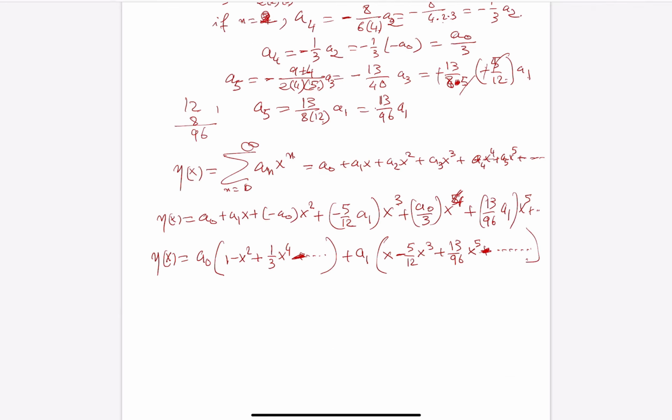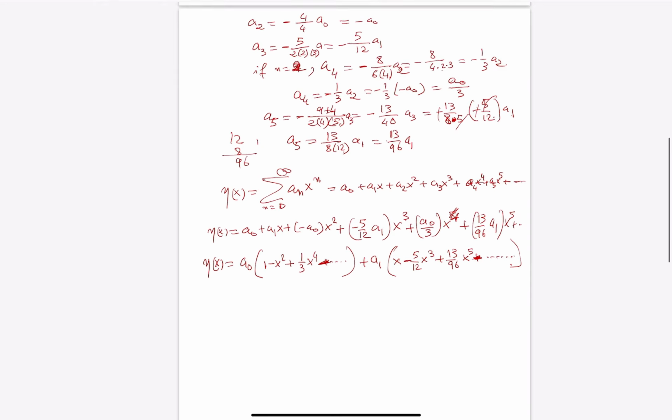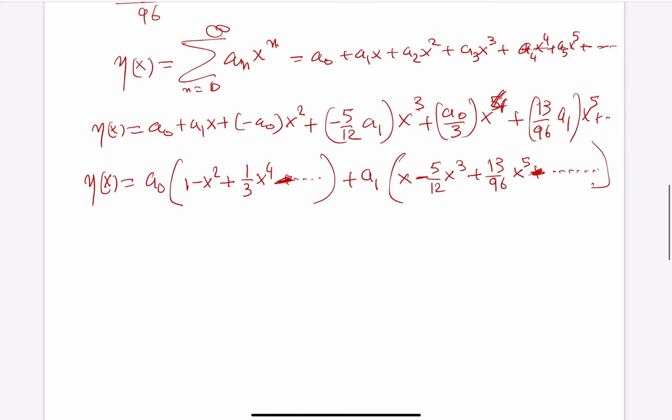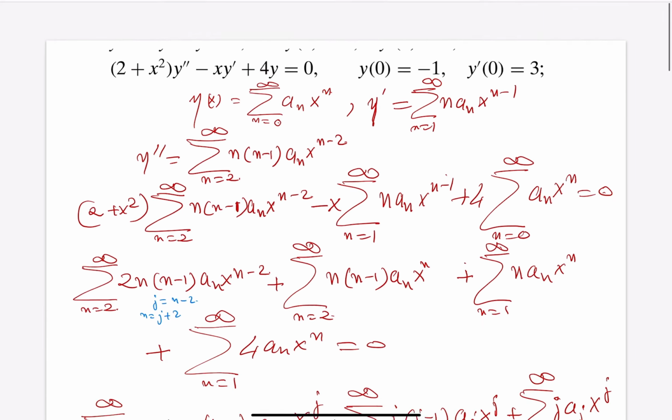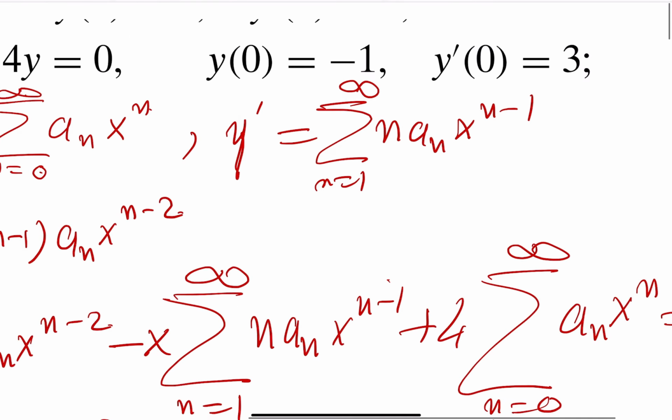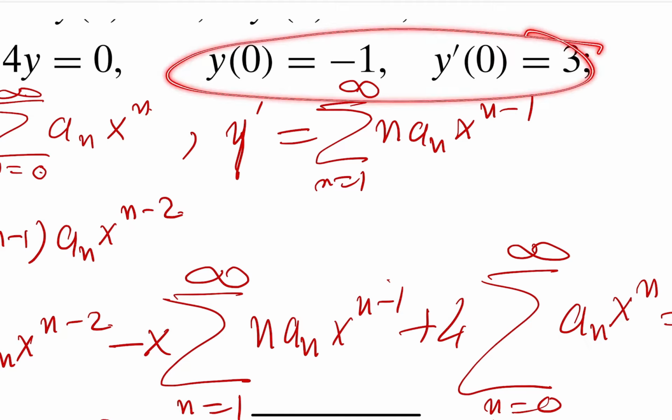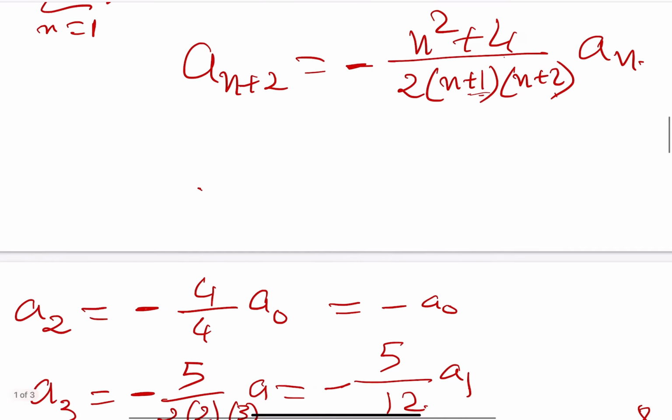So now, if those are given, we just find a0 and a1, that's all. Let me show you here. Those will help you just to find a0 and a1, that's it.